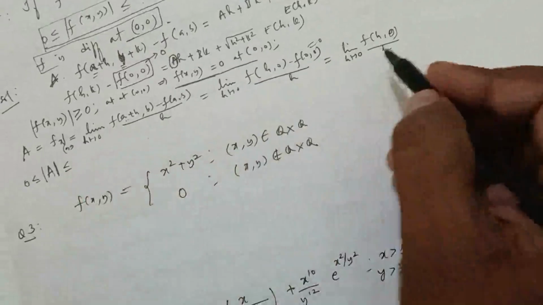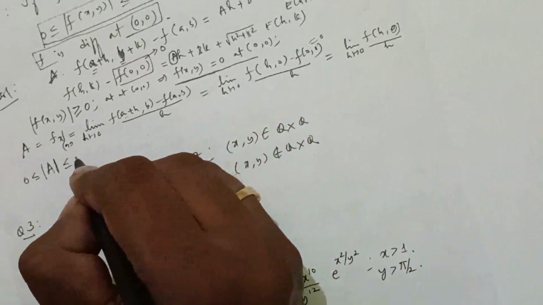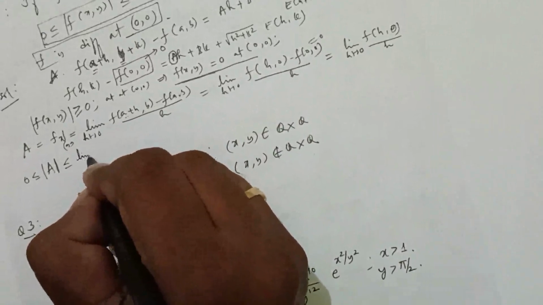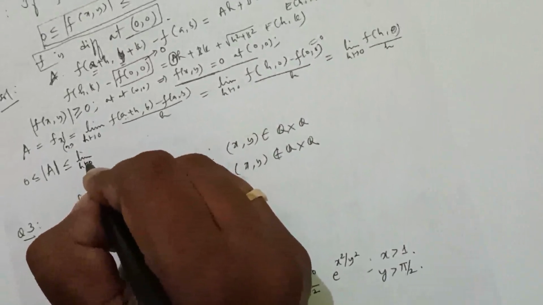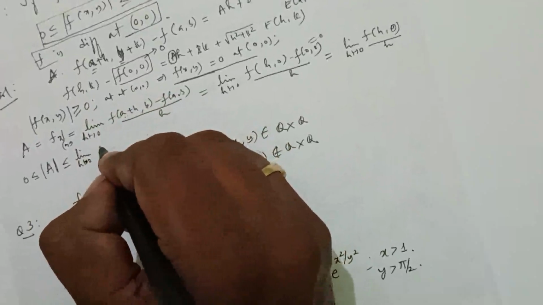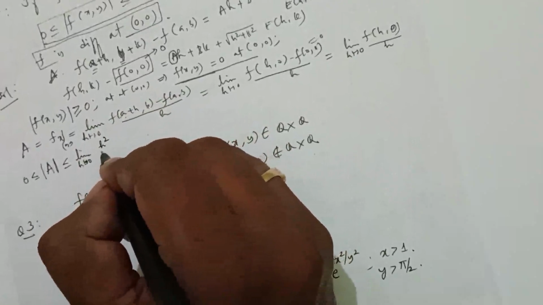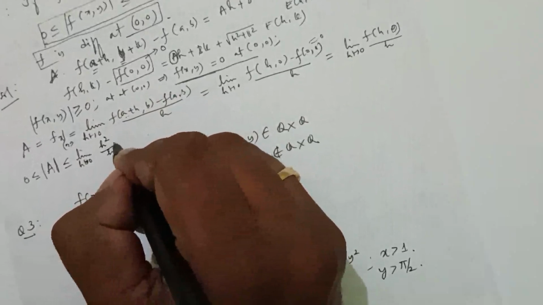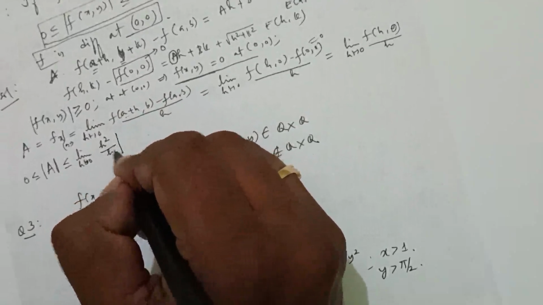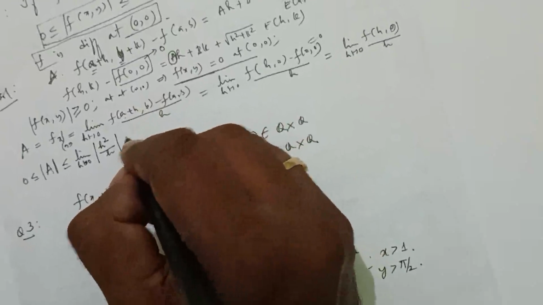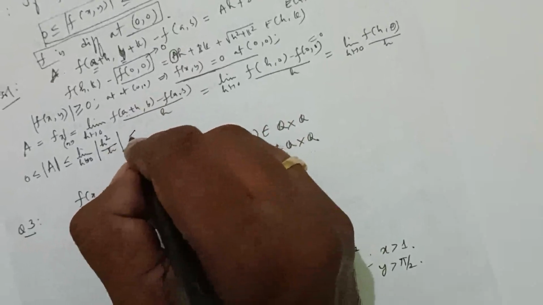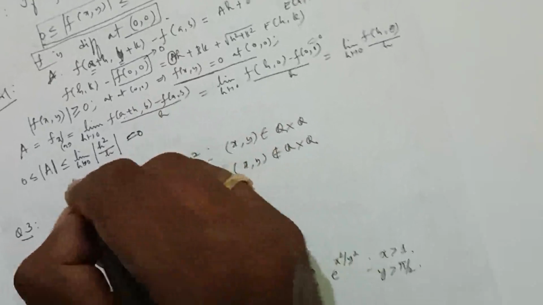So if you consider f of h comma 0, it is limit as h tending to 0, h square by h. So as h tends to 0, this is equal to 0.